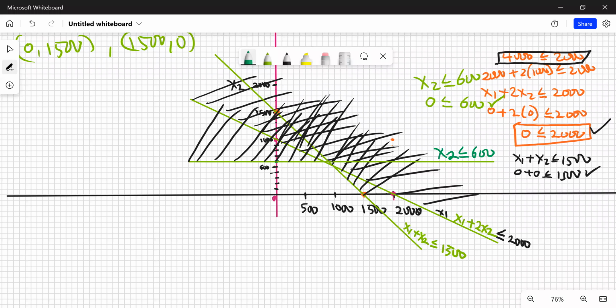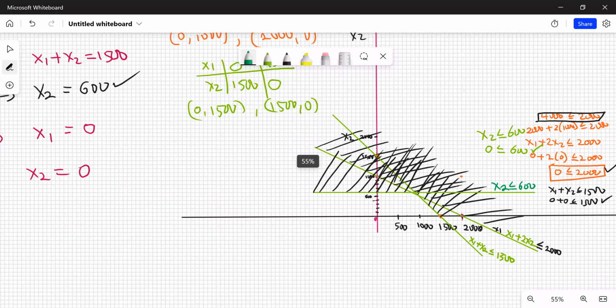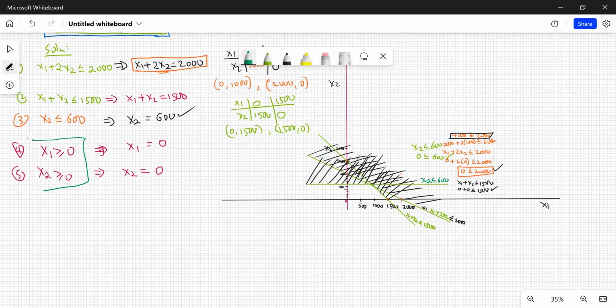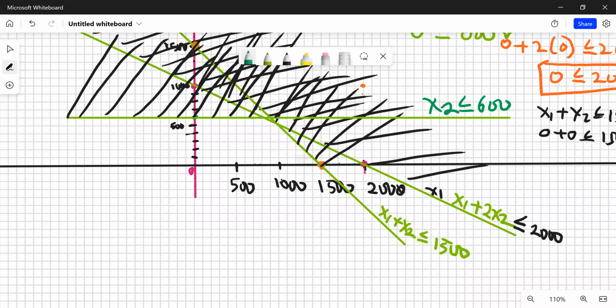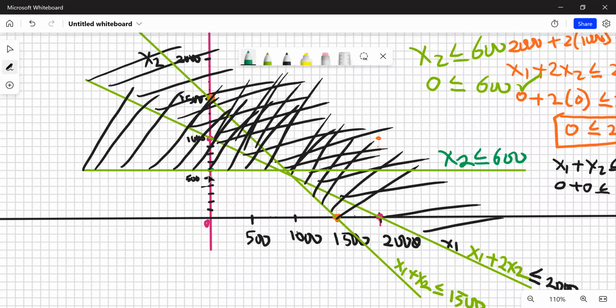The other two constraints, the non-negative constraints, are easy to deal with. Because this line here, x1 equal to 0, is the vertical line. And this horizontal line here is x2 is equal to 0.